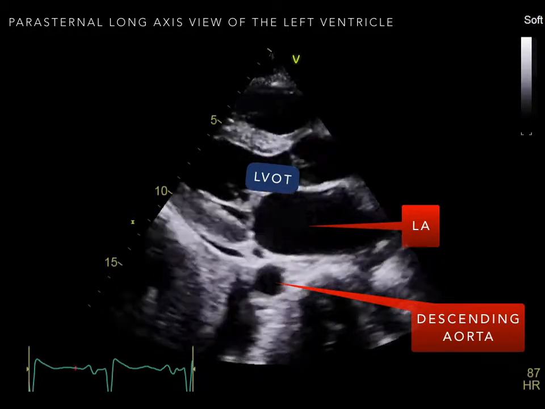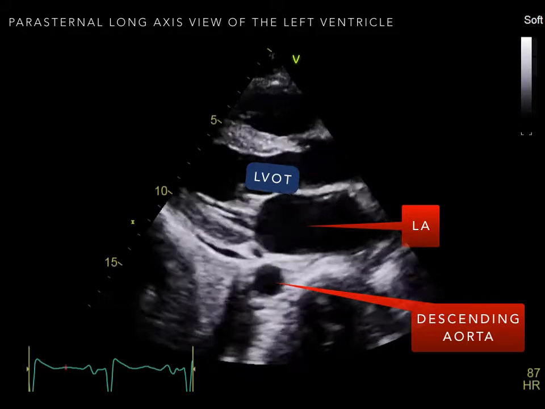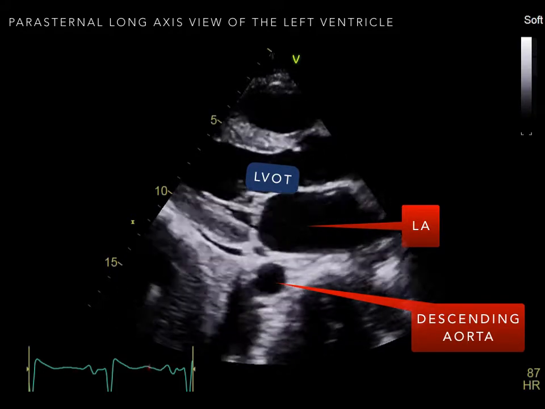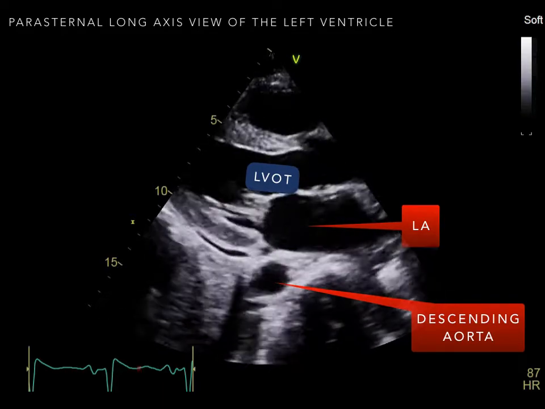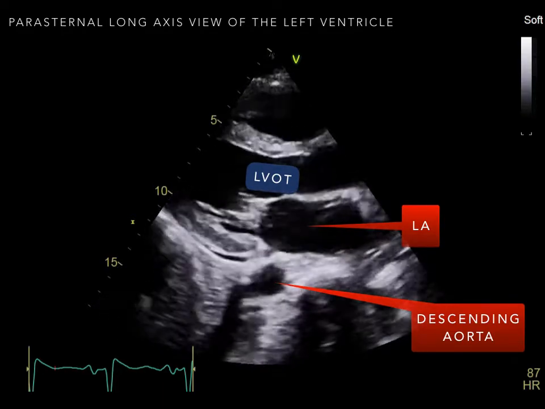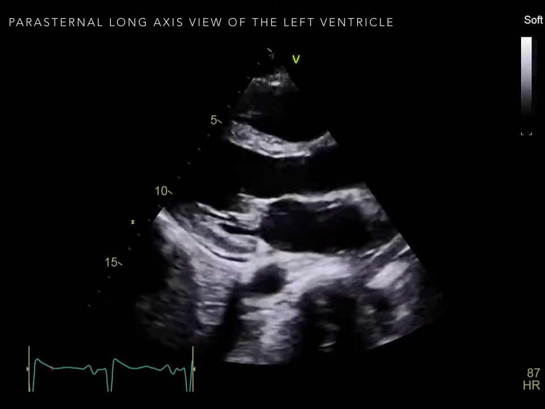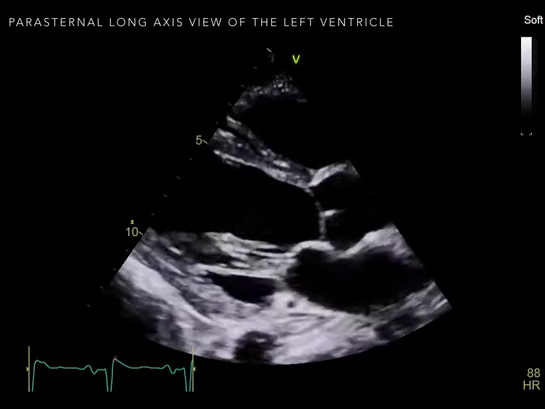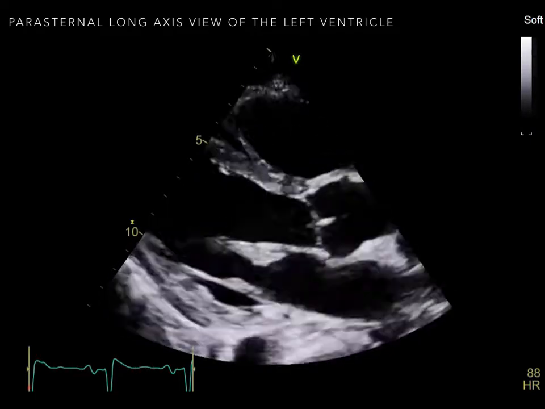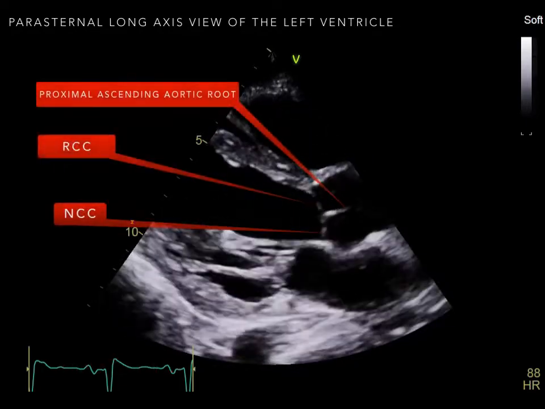Behind the ascending aorta, the left atrium is visible. The circular structure posterior to the left atrium is the descending aorta. If we drop the depth slightly, the above-mentioned structures are clearly visible.